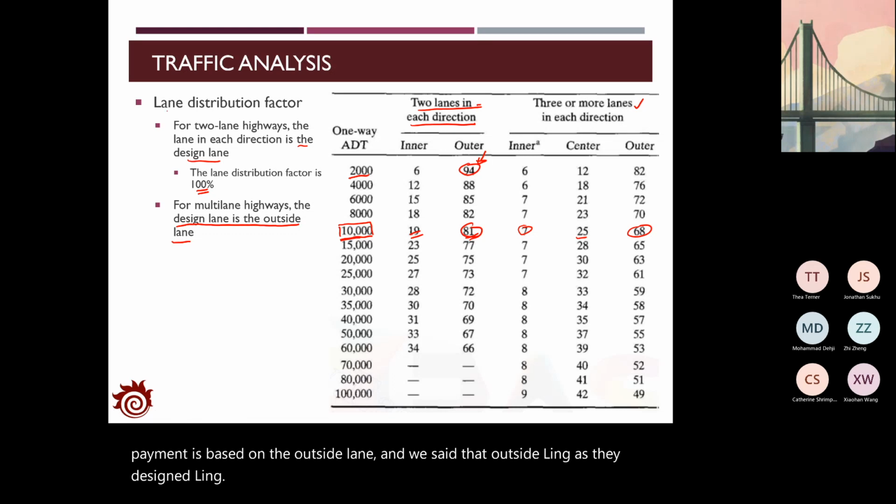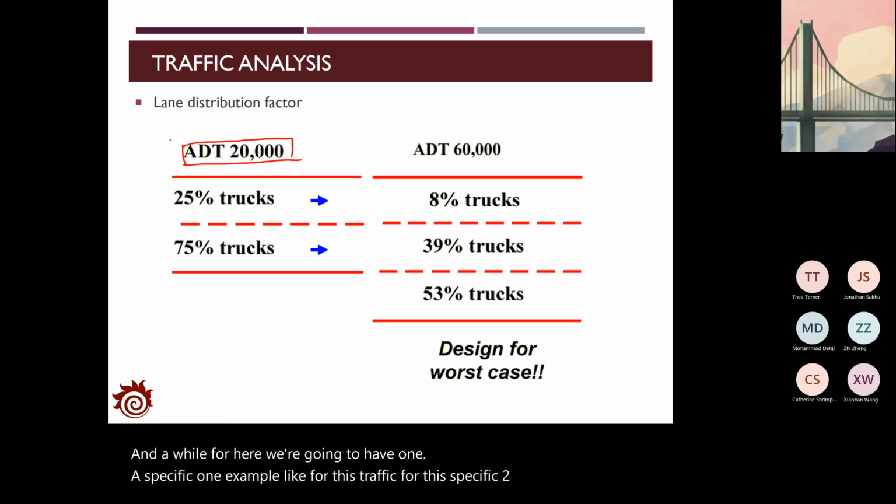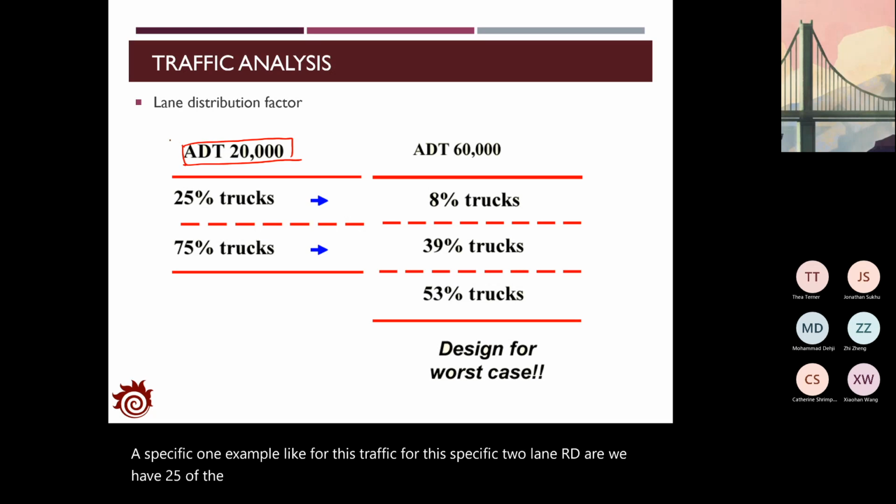So this is the lane distribution factor. Here we have one specific example: for this specific two-lane road, we have 25% of the trucks on the left lane and 75% on the right lane. Then this one would be the design lane.